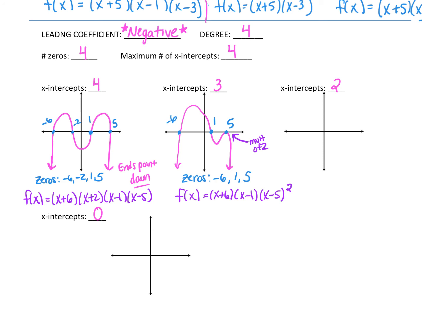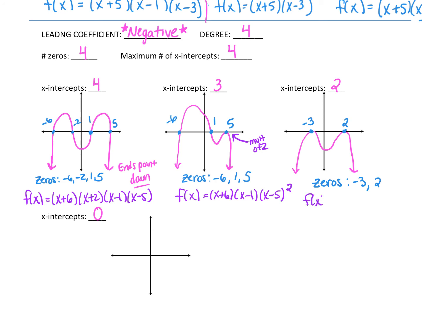All right, let's look at something that has just 2 x-intercepts and a negative leading coefficient. So it's going to point down, it's going to touch, and go back down. So let's call this -3, and we'll call this +2. So my zeros are -3 and +2.